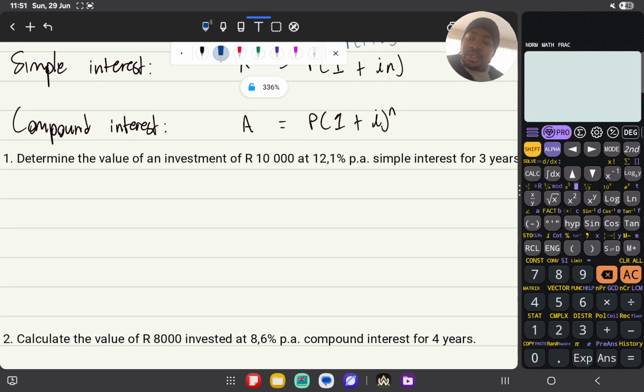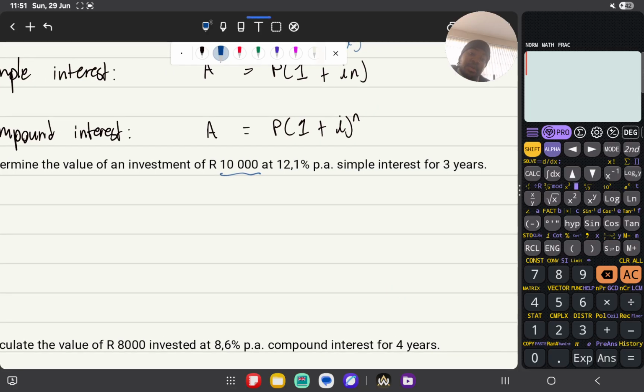So let's say determine the value of an investment of 10,000 rand at 12.1% per annum simple interest for 3 years.